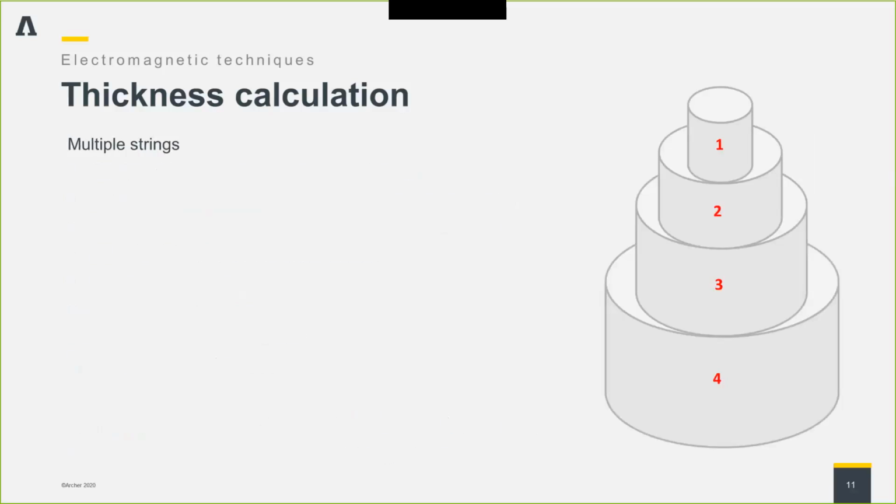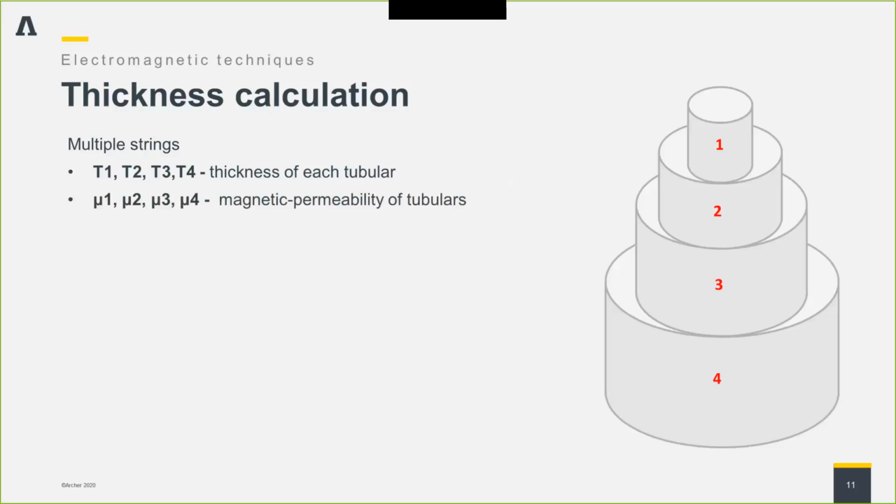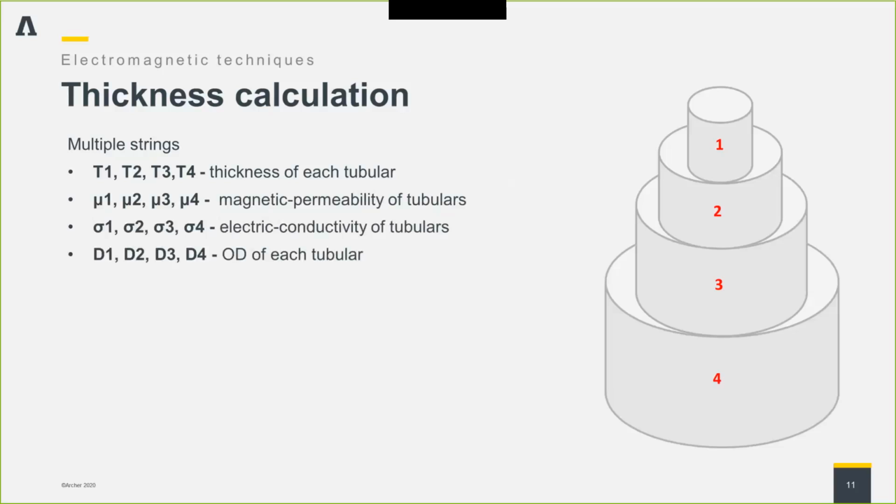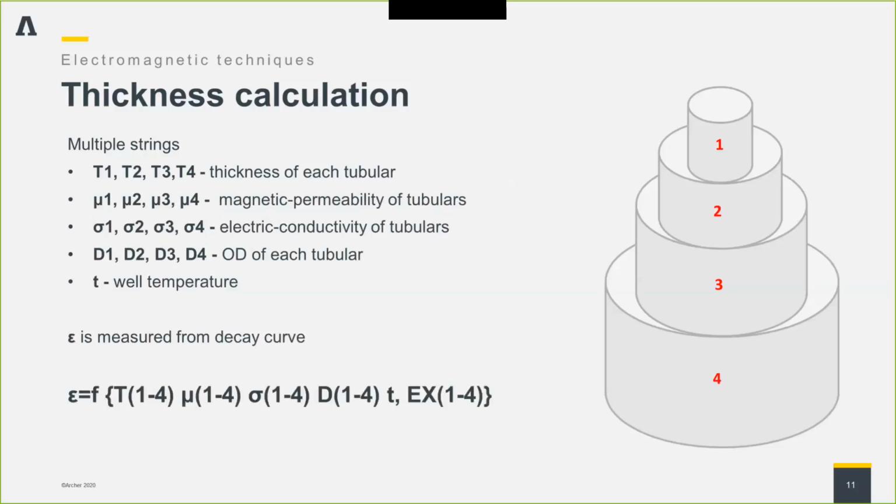So if we move on to 4, then it's exactly the same kind of scenario, except now we have 4 unknowns that we are trying to find. We've got 4 magnetic permeabilities, 4 conductivities, 4 ODs. We still have the same well temperature, and the EMF is measured from the decay curve, and that is a function of all of the parameters.